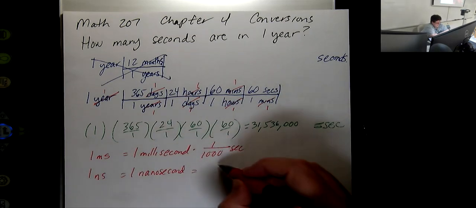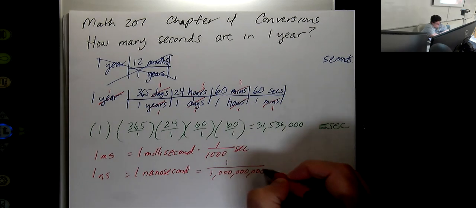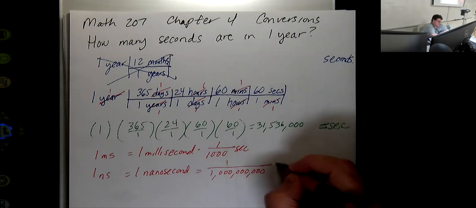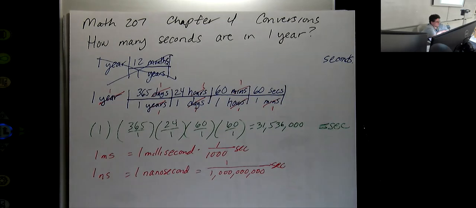And that has 9 zeros. 1 billionth of a second. So at this point, only computers, something that moves at the speed of lightning, can do something like this, because we can't. It doesn't matter how quickly your hands are, you're not capturing 1 nanosecond. You're not capturing 1 millisecond.